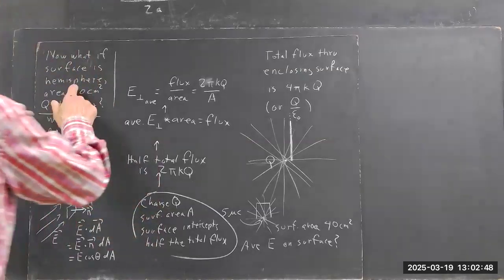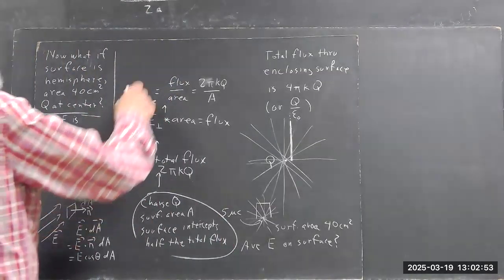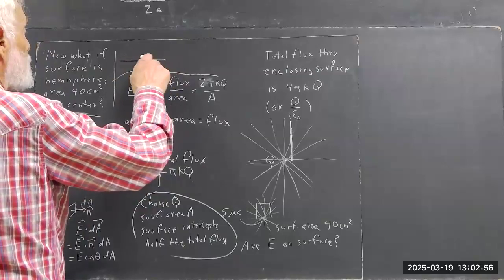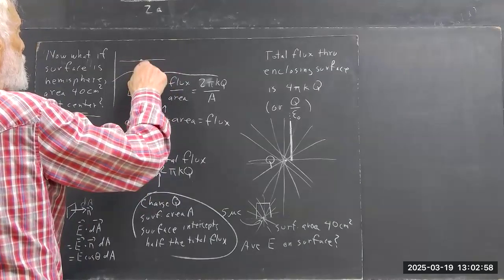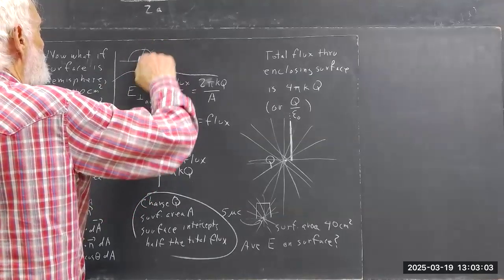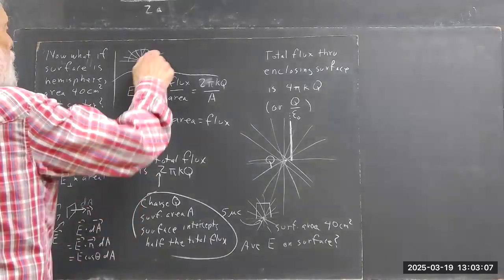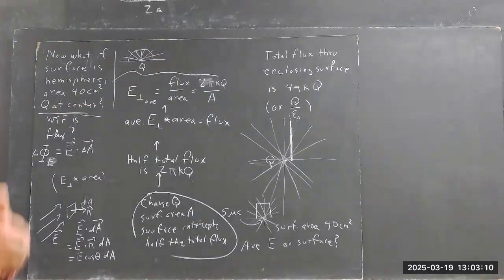Okay, now in this case, your picture, and everybody drew the picture rather quickly, looks good. Here's your charge Q, and here's your hemisphere. Okay, and here are your field lines. Your field lines all intersect the hemisphere, like just basic 8th grade geometry, radial lines are perpendicular to the circle.